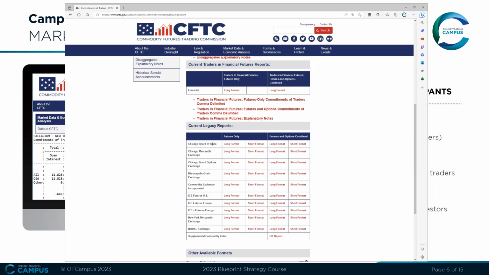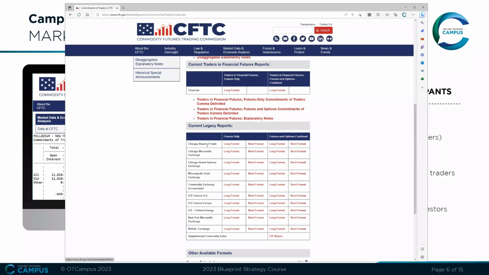So there's the CBOT, the Chicago Board of Trade. We have the CME, the Chicago Mercantile Exchange. We have the ICE, the Intercontinental Exchange. We have the NYMEX, the New York Mercantile Exchange. And under all of these long formats, you can see there's going to be futures and options combined. What we need to look at is the futures only.